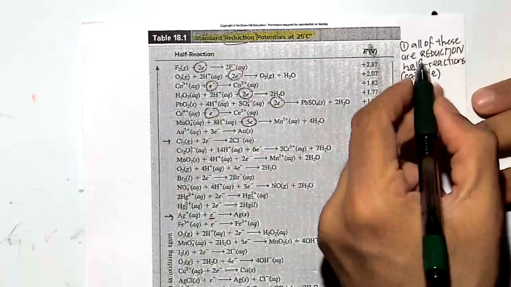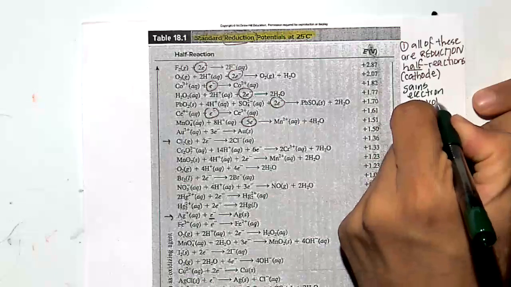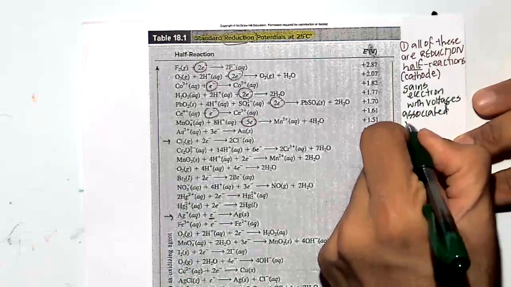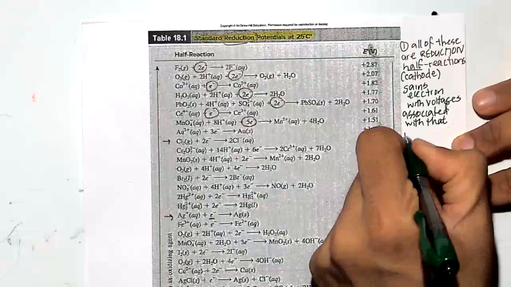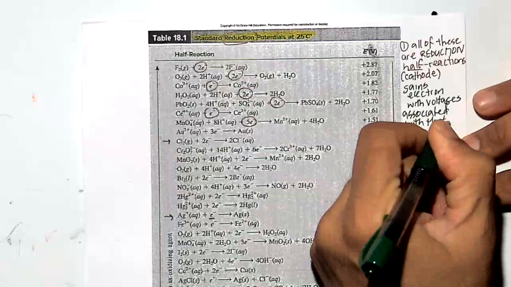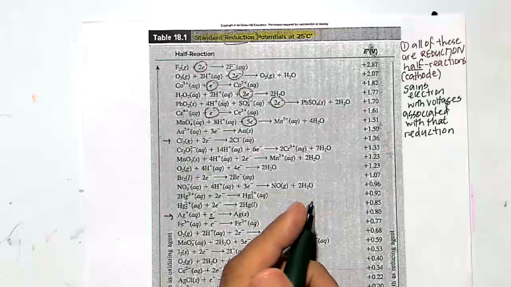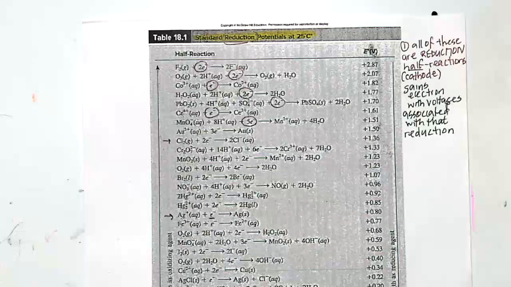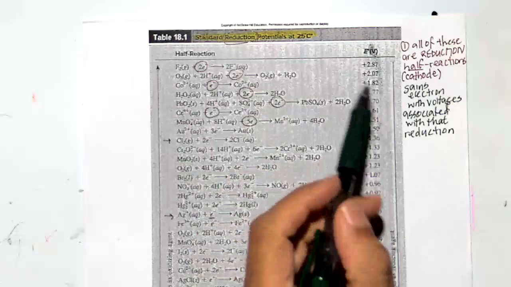These are the voltages associated with that reduction. All of these are gaining electrons.